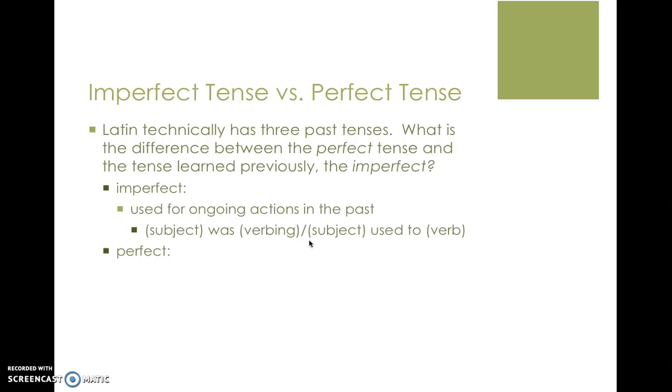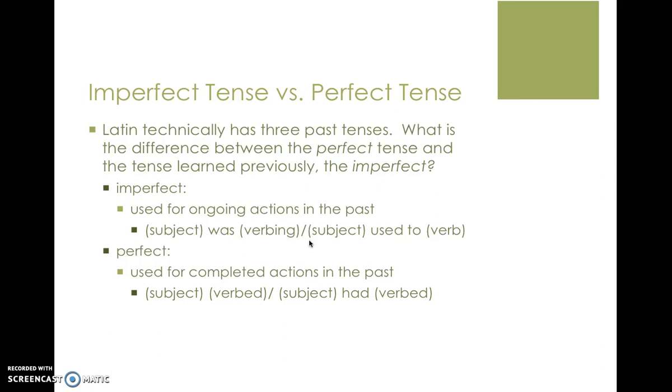Contrast that with the perfect tense, which we use for completed actions in the past, and we would translate that as subject verbed or subject had verbed. And that implies that it is a definite start, definite stop. So I kind of think of these both with lines. The imperfect is kind of a wavy line. It's uncertain when it started, uncertain when it stopped, but we know for sure that it happened at some time in the past. Contrasted with the perfect tense, which has a definite start and a definite stop, and they're definitely in the past.